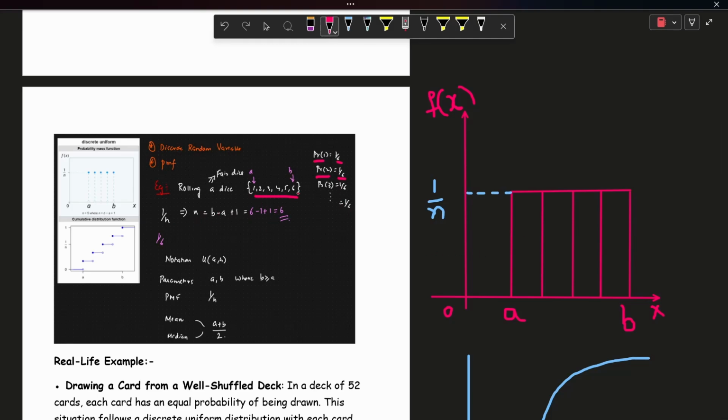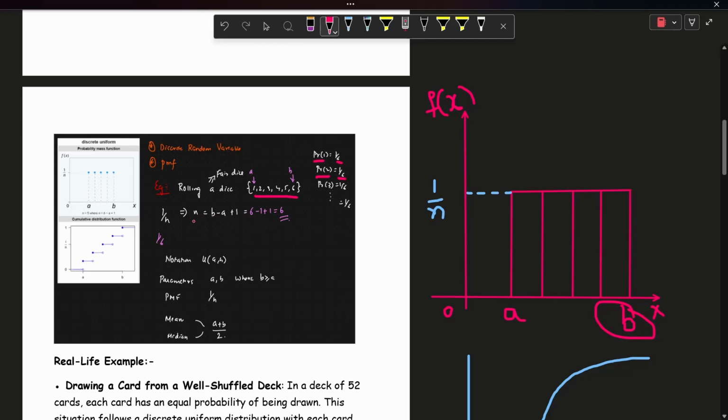Here the n is 6, right? There are 6 outcomes. And b is nothing but 6, and a is nothing but 1. B is the largest number, because on the x-axis it is here, and A is the smallest number. So n is given as b minus a plus 1.